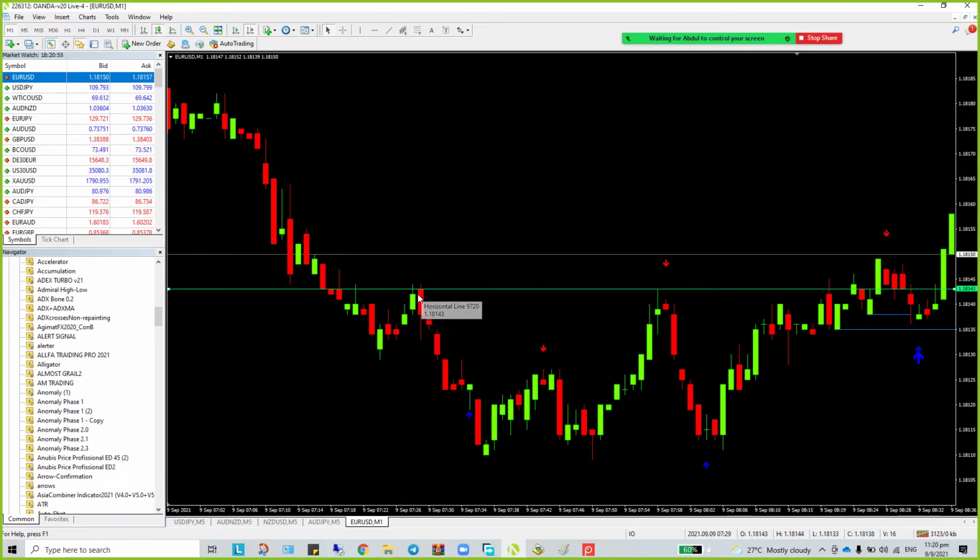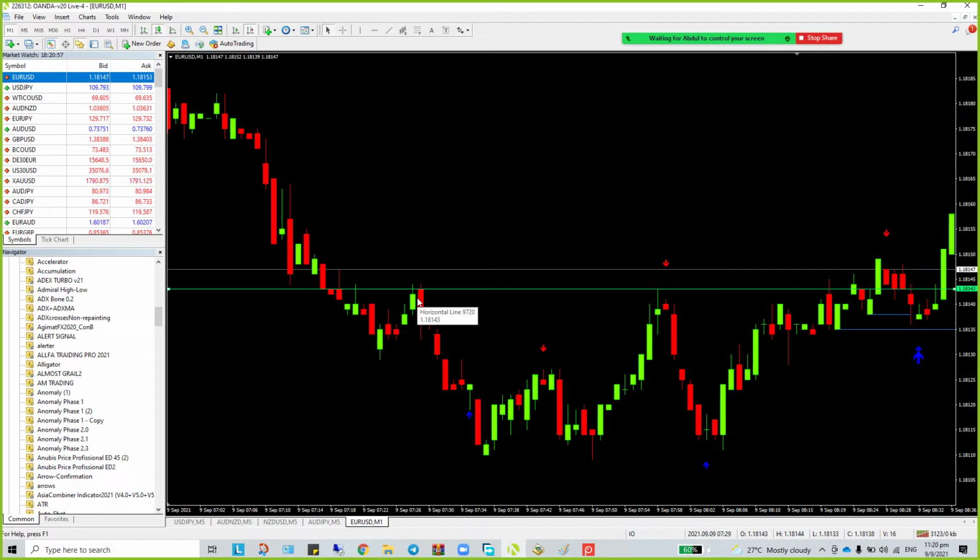But we should get the signal. I will try to normalize it, to round off this data to, let's say, 5 digits. If it's possible, then the signals will appear on these data.